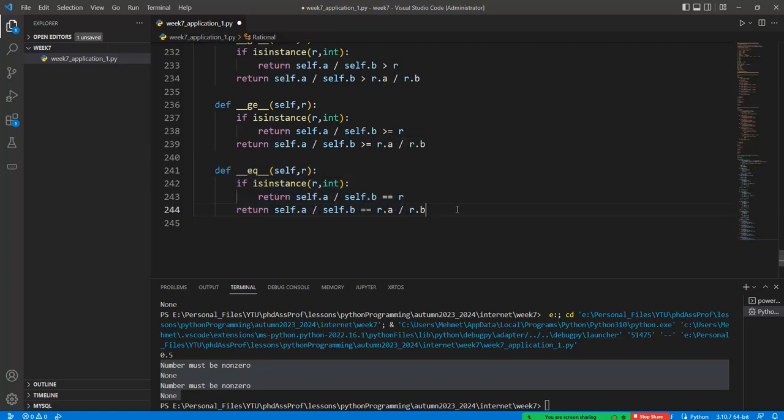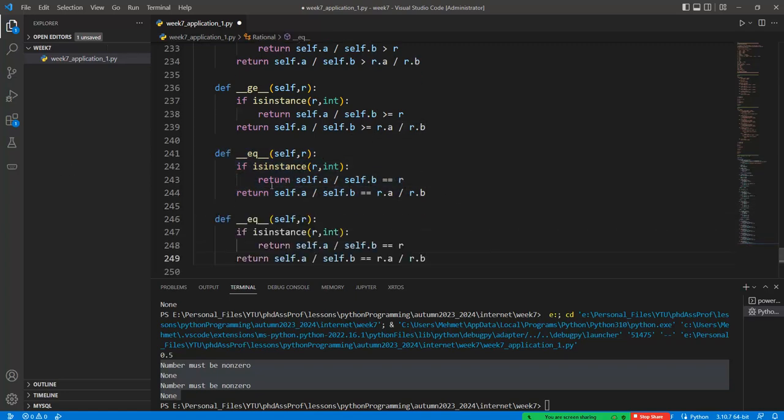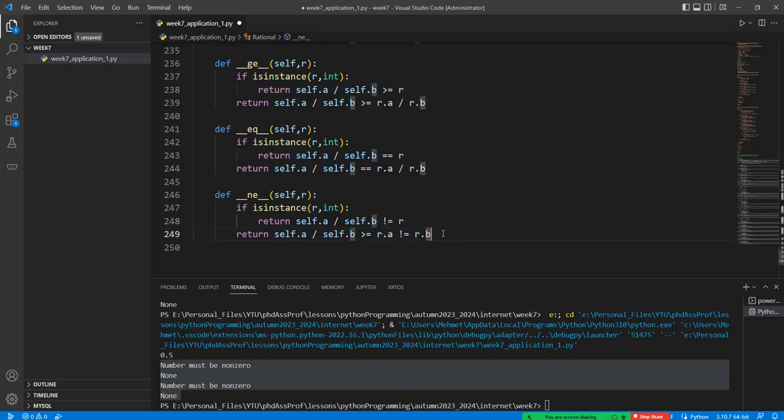Or the not equal form can be overloaded like this one, __ne__ and not equal, okay? But in this case we have this property here, because we have the rational number here, and so this must be the other terms of our properties, okay?